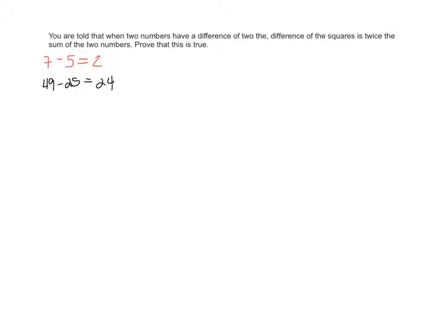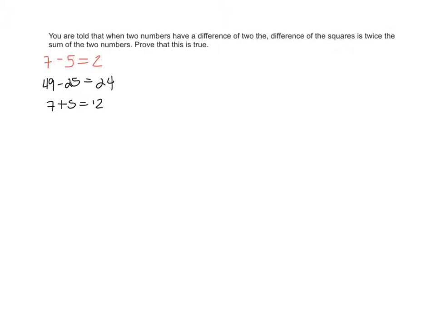Now let's carry on the question just a little bit at a time. So it says now the difference of the squares of these two numbers is twice the sum of the two numbers. Well, let's find the sum of the two numbers. The sum of 7 and 5 is 12.